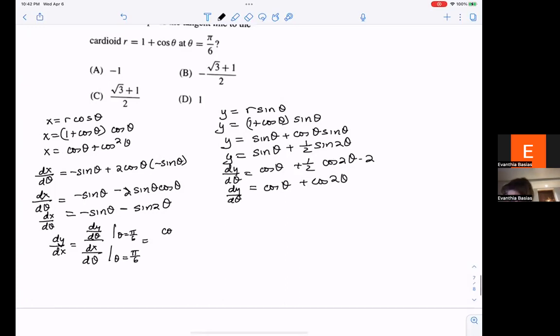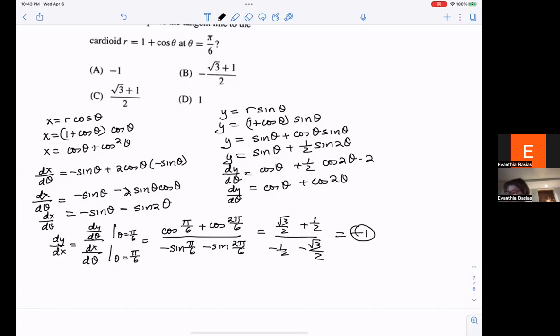We get cosine pi over 6 plus cosine 2 pi over 6, all divided by negative sine pi over 6 minus sine 2 pi over 6. So this gives us root 3 over 2 plus 1/2 divided by negative 1/2 minus root 3 over 2. This is really similar to what we just did beforehand. And the answer is -1.